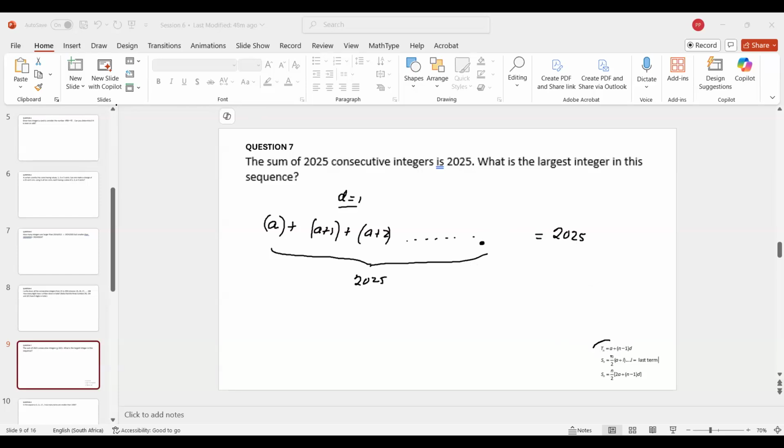But anyway, the last term, if you remember, we said was A plus N minus 1 times D. So the formula was Tn, or the last term, is A plus (N minus 1) D.